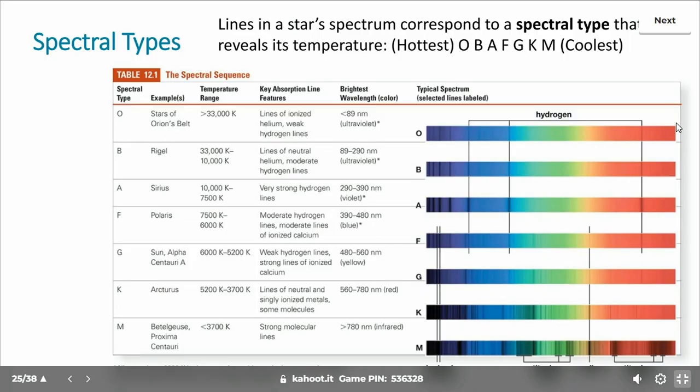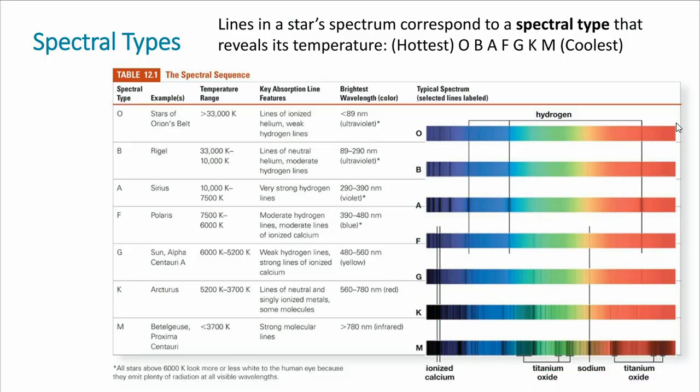So people have done all this work, and we'll talk about them in a second, and they came up with this spectral classification for different stars. So O-type stars are the hottest, above 30,000 Kelvin.